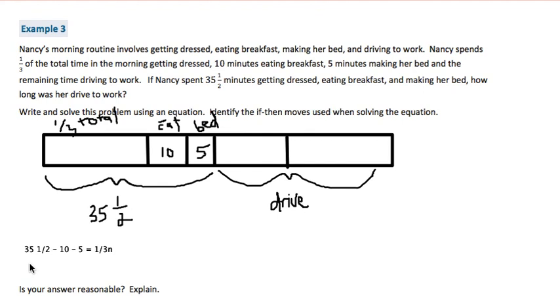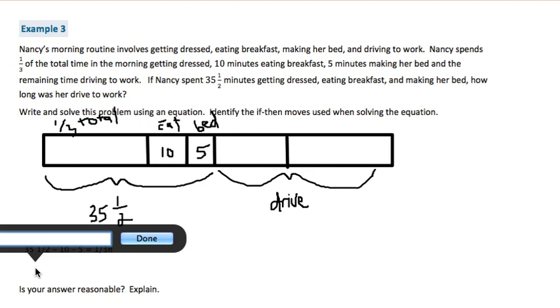So now if we take our numbers and we do the calculations, 35.5 minus 10 is 25.5, minus 5 is 20.5. So 20.5 is equal to 1/3 n.